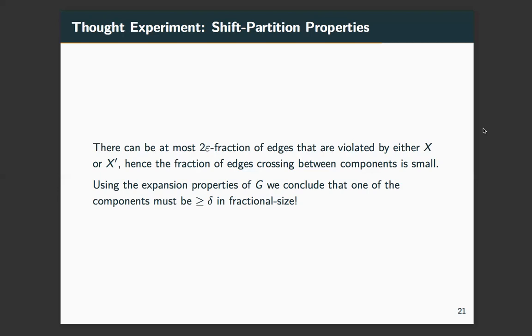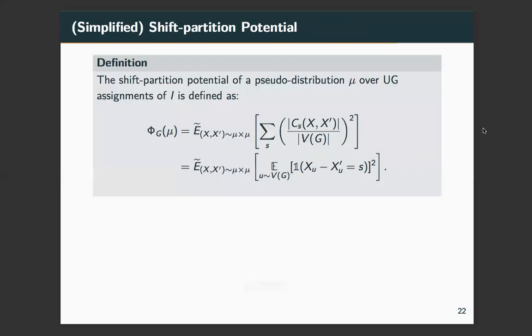So far, this was a great thought experiment, but we can make this formal in the following way. We define the following potential function. Take two assignments x and x prime uniformly and independently from the distribution mu, and consider their shift partition, and consider the quantity which is the sum of squares of the fractional sizes of the parts in the partition.